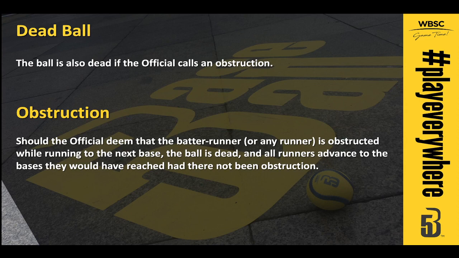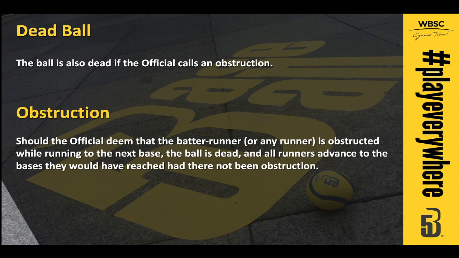Ball can also be called dead if an official calls obstruction. An obstruction is when an official deems that the batter runner, or any runner, is obstructed while running to their next base. In this case, the ball is dead, and all runners advance to the bases they would have reached had there not been obstruction.